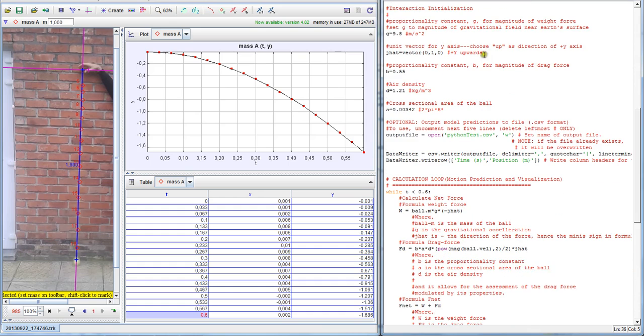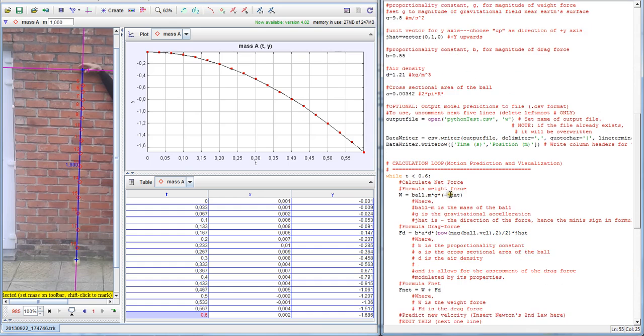Now, in the program, we have to calculate the net force acting on our object because it's accelerating. The net force is made up of the weight force and the drag force. The weight force is calculated as the weight of the ball times the gravitational acceleration projected in the minus j direction.